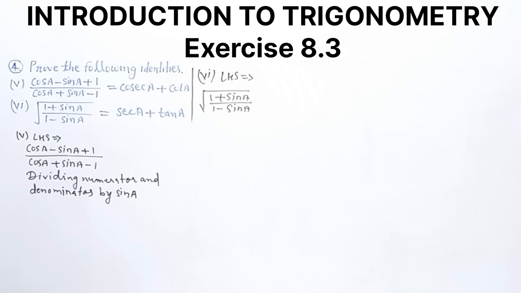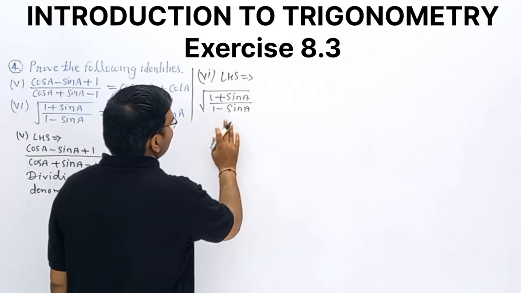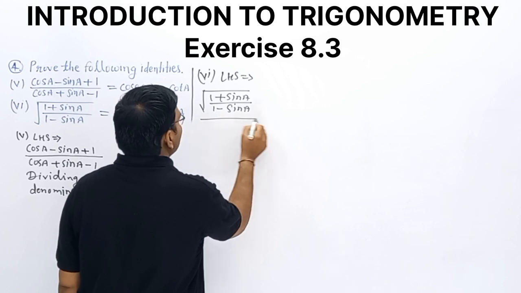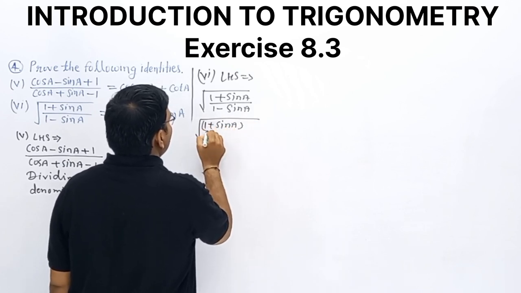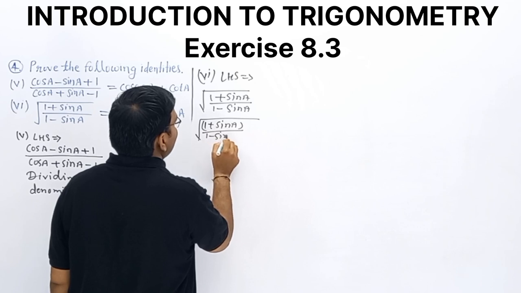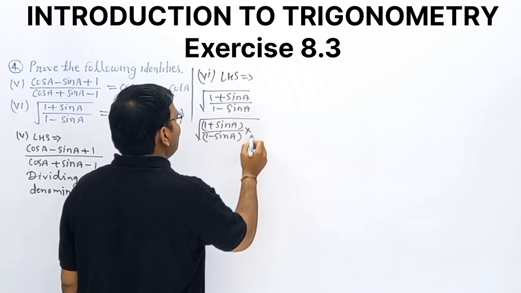Now I am doing rationalization. So this can be written as the square root of (1 plus sin A) upon (1 minus sin A). Its rationalization will be what?